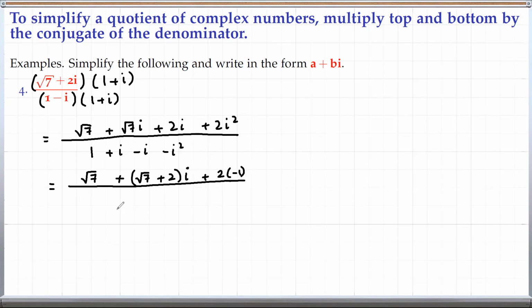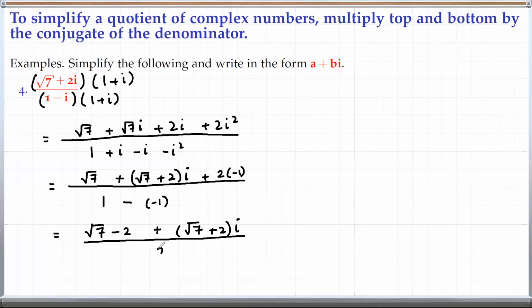And in the denominator, we have 1, i minus i, that goes away, minus i squared is negative 1. So this becomes square root of 7 minus 2 plus square root of 7 plus 2i. Everything divided by 2. 1 minus minus 1 is 2.